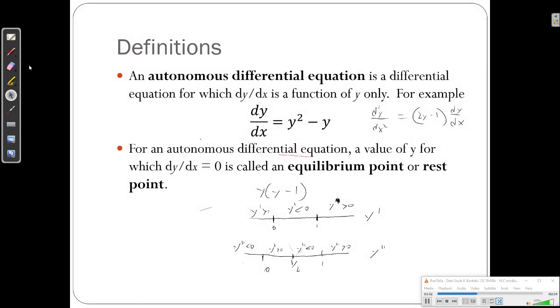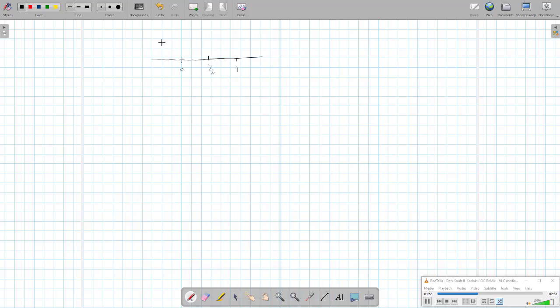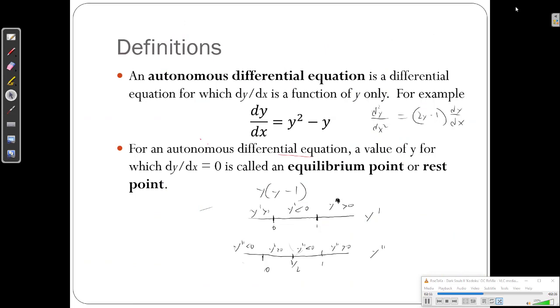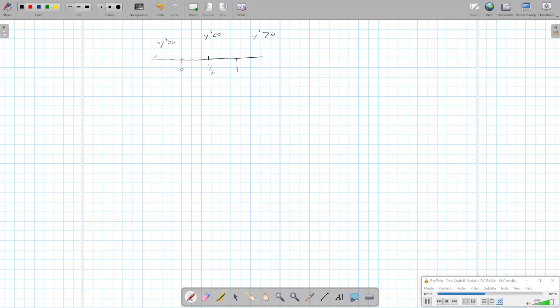Y prime is greater than, less than, greater than. It starts less than, then flips. Y double prime: less than 0, greater than 0, less than 0, greater than 0.